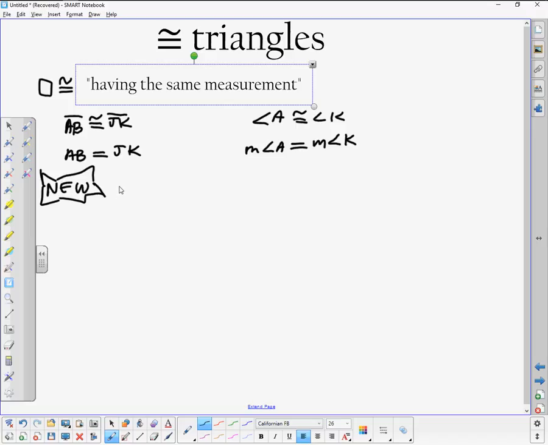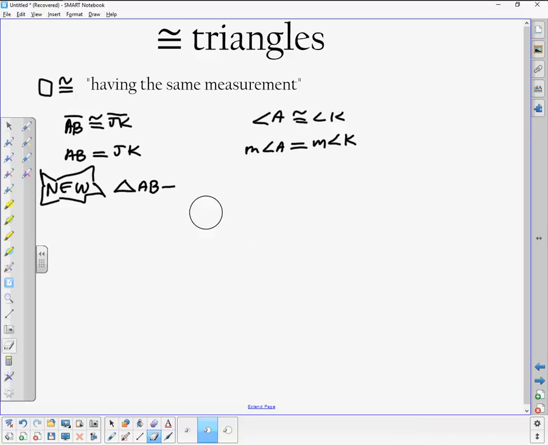You're going to see, for example, triangle ABC is congruent to triangle, beginning letters, let's say KLM. The way to read this is that all corresponding parts will be congruent.